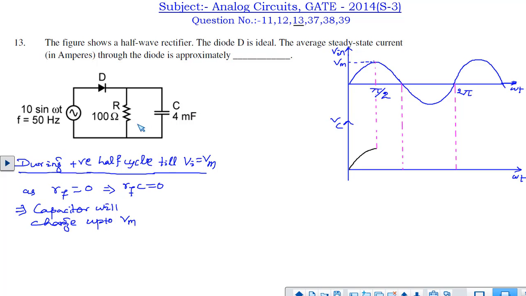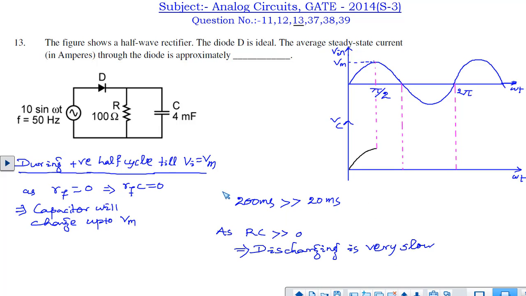The discharging time constant RC is 400 millisecond, which is much greater than the time period 1 by f. 1 by 50 is nothing but 20 millisecond. As this is much greater than 20 milliseconds, the discharging rate is very slow.